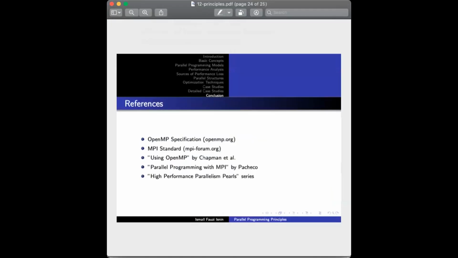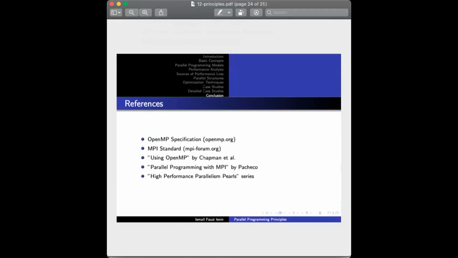So next one, referencing. Here is the list of standard specifications and reference textbooks. For further study, I highly encourage you to explore the reference material. You can access the official OpenMP specification at openmp.org and the MPI standard documentation at mpi-forum.org.